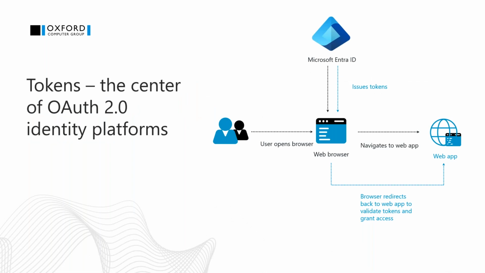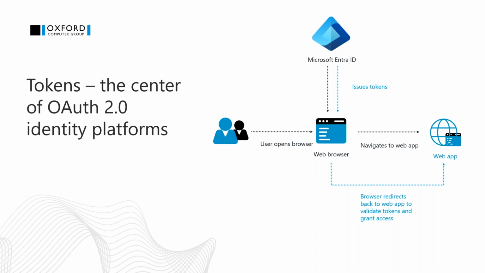As mentioned before, the tokens are at the center of identity platforms such as Entra ID, and those resources are protected with tokens that are issued by the identity provider, and that's whether you're using Entra ID, whether you're using Okta, whether you're using ADFS, Ping, doesn't matter.